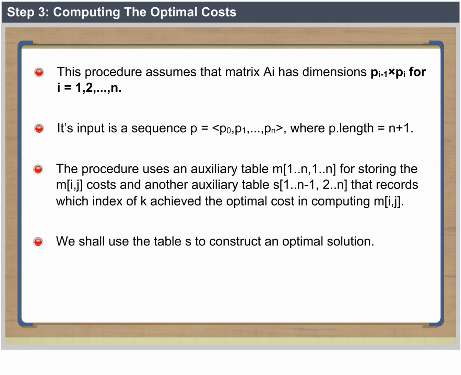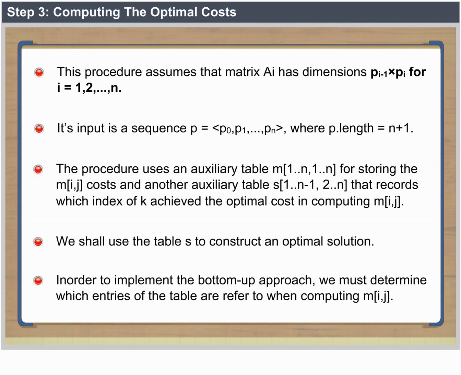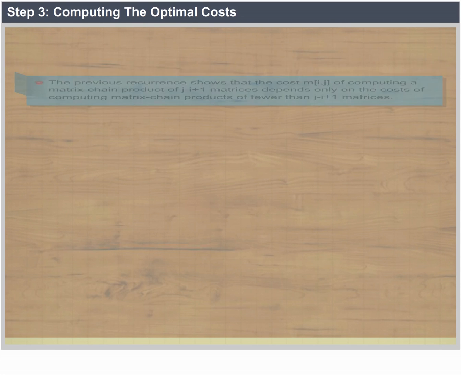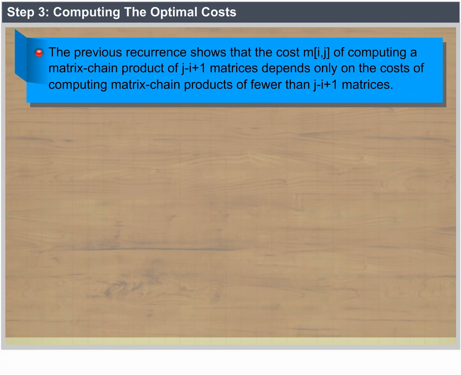In order to implement the bottom-up approach, we must determine which entries of the table are referred to when computing m of i, j. The previous recurrence shows that the cost m[i, j] of computing a matrix chain product of j minus i plus 1 matrices depends only on the costs of computing matrix chain products of fewer than j minus i plus 1 matrices.